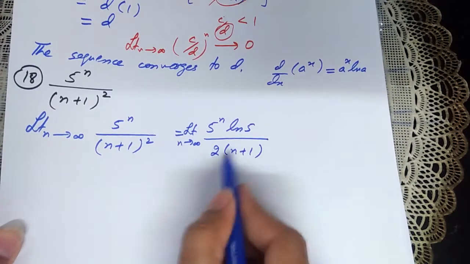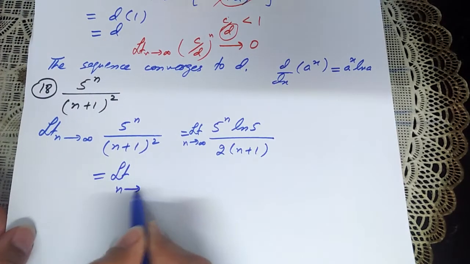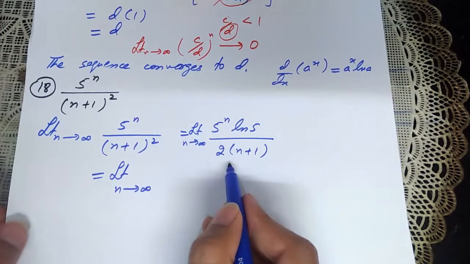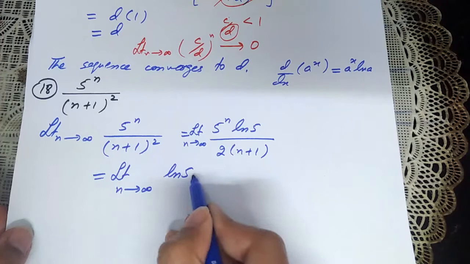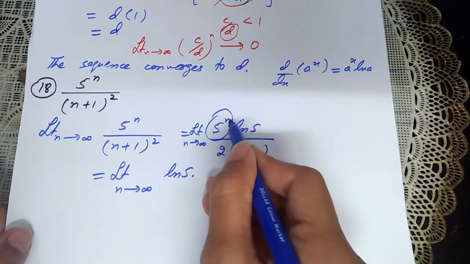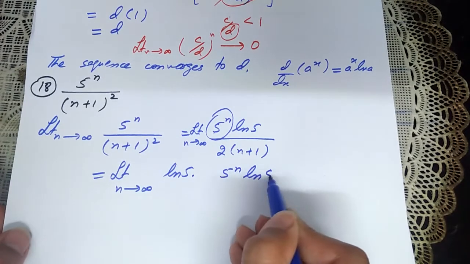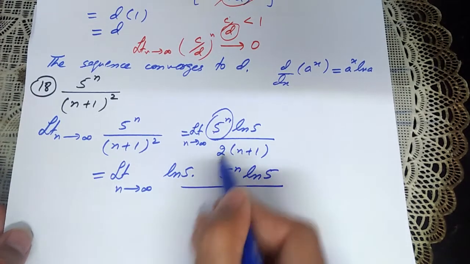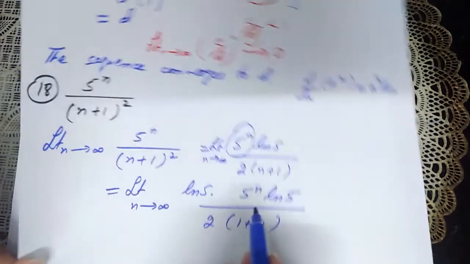Again we can reduce this denominator by applying the L'Hopital rule and taking the derivative of the numerator and the denominator separately. ln 5 is a constant, it will be written separately. The derivative of 5^n will give you the same answer, 5^n ln 5 divided by 2 into 1 plus 0. Now n is reduced here.